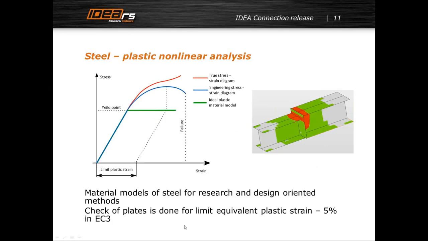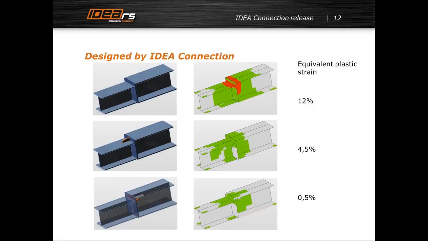And when we apply this approach, we cannot make checks on the stress, because stress is limited by yield stress, and we have to make checks on equivalent plastic strain. And according to Eurocode, it is recommended that the strain should not exceed 5%. So this we use in our software.